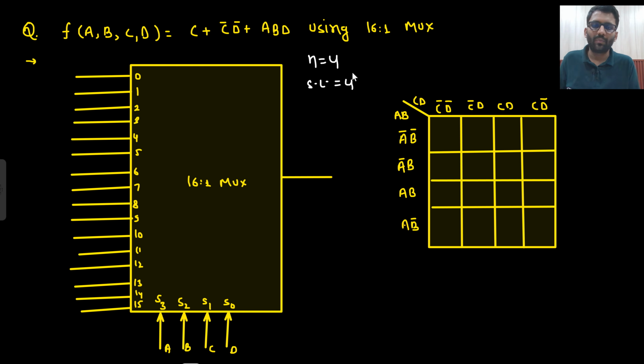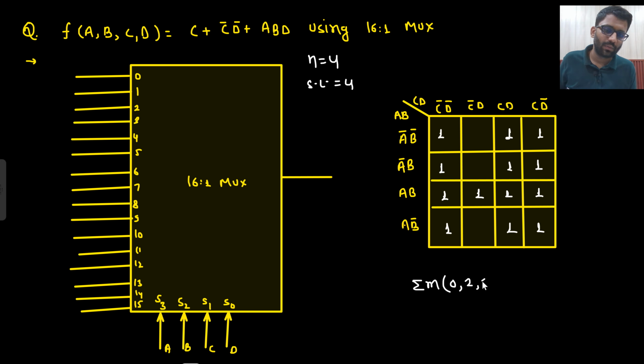So let's check what all minterms are there. I will do it using a K-map. Wherever you see C, you can get the minterms like this. C bar, D bar, C bar, D bar, ABD, ABD, ABD. That's it. So 0, 1, 2, 3, 4, 5, 6, 7, 8, 9, 10, 11, 12, 13, 14, 15.